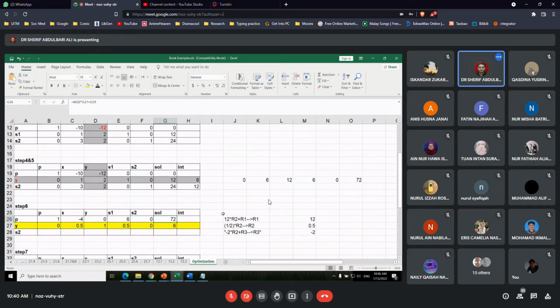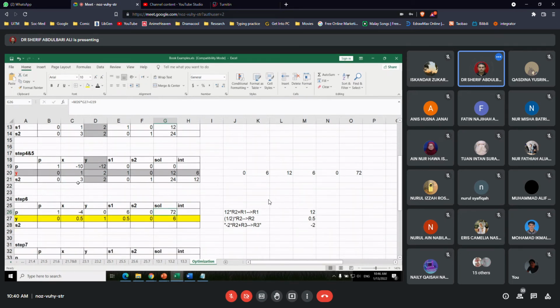Okay, you need to repeat the same for this row in here to make the answer equal to 0. The value here is 2, so to get this value equal to 0, I need negative 2. So if I say it is equal to negative 2 times my pivot row, I will have those values.